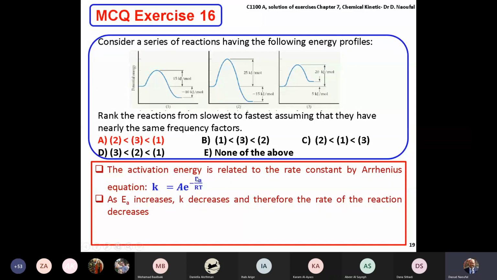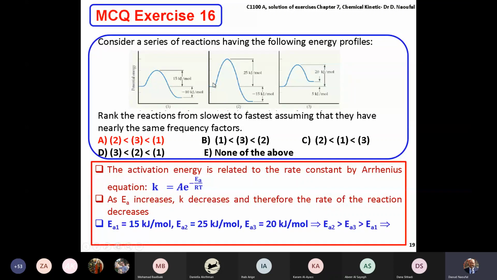The greater the activation energy, the lower K. So as EA increases, K decreases, and therefore the rate of the reaction decreases.